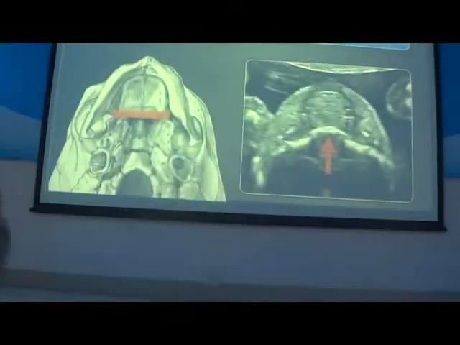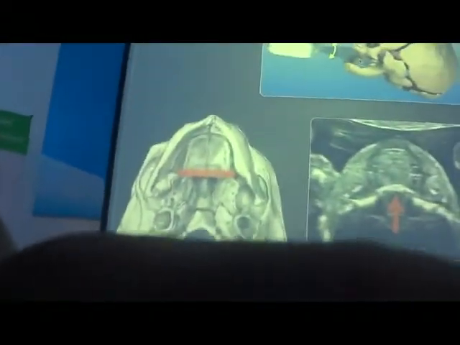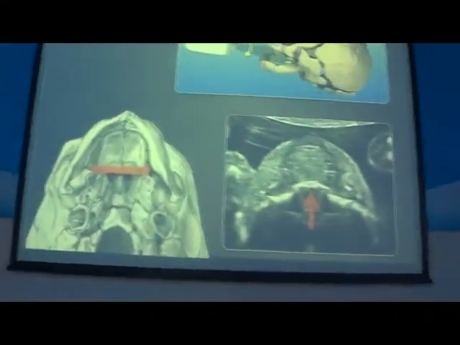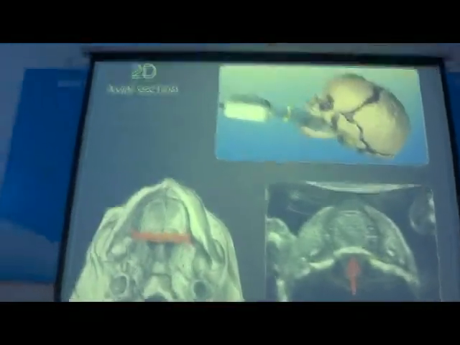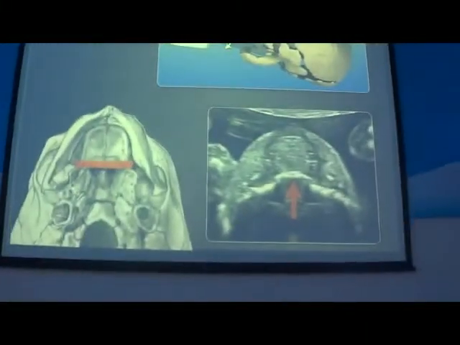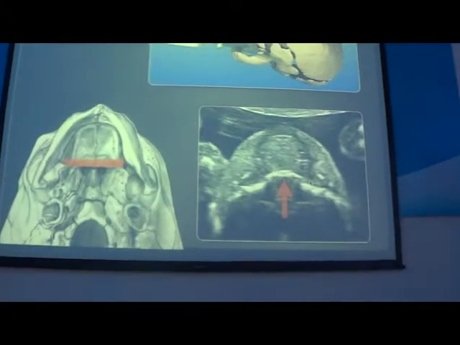And when you are in this position, you just tilt the probe up and down, and you try to find the posterior edge of the palate.